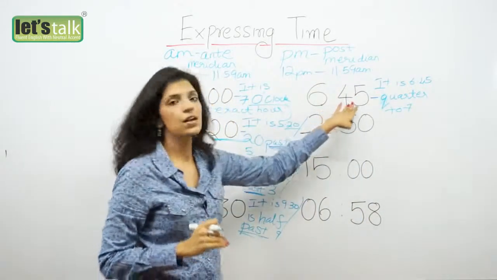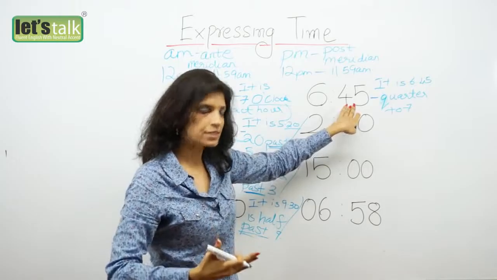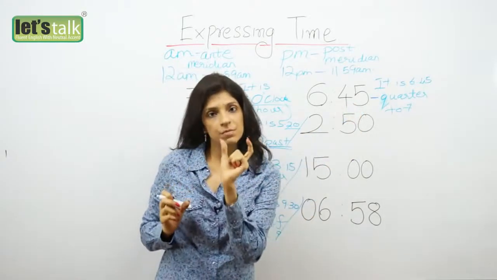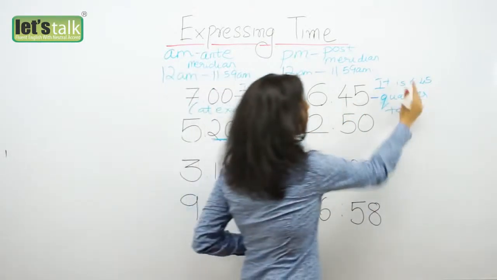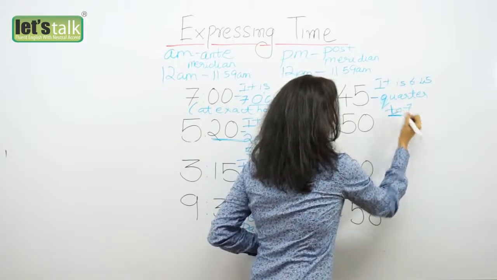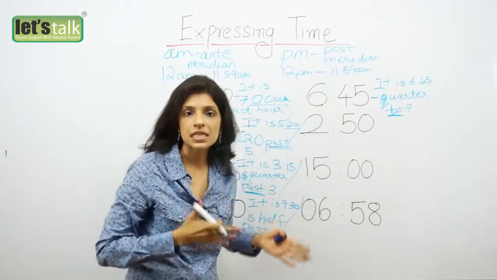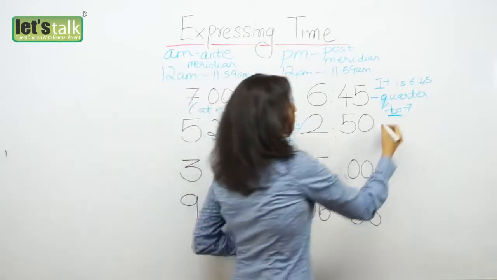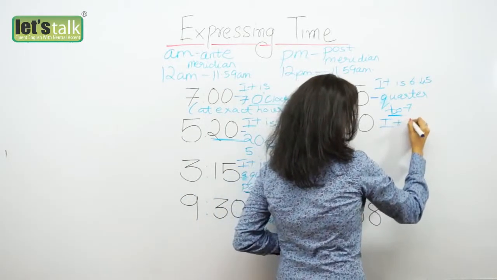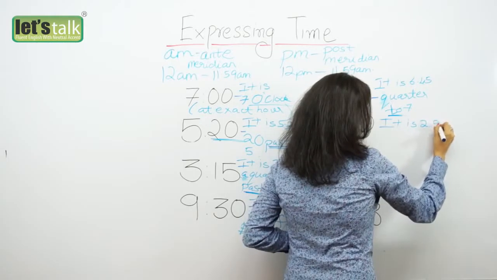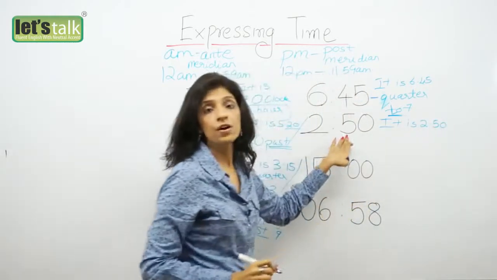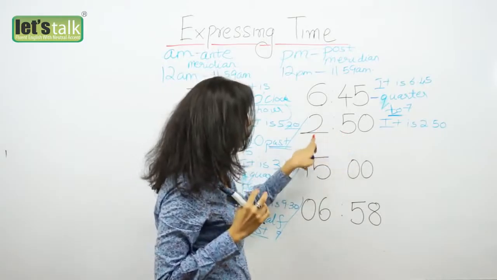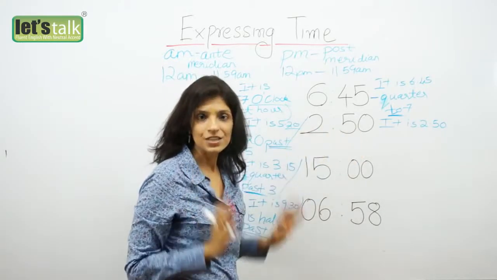That means 3/4, 15, 15, 15 makes it 45. So the last 15 minutes, that's 1/4. It's 6:45. Okay, that means 15 minutes left to strike 7 o'clock. All right, the next one, 2:50. It is 2:50, or now how many minutes left to reach 3 o'clock? It is 10 to 3.